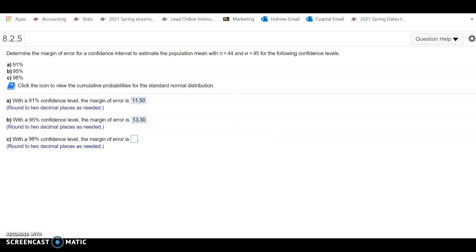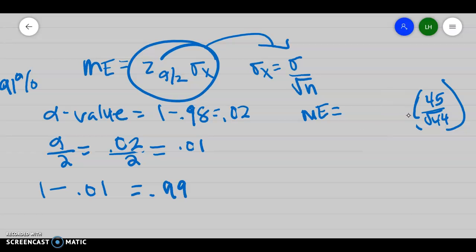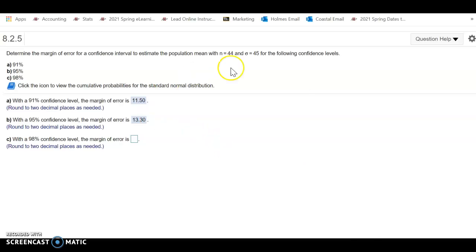We can do the 98% real quick since I have it pulled up. So that's going to change alpha to 0.02. And 0.02 divided by 2 is going to be 0.01. And 1 minus 0.01 is going to be 0.99. And if we look up 0.99 in our table, see what that would be.